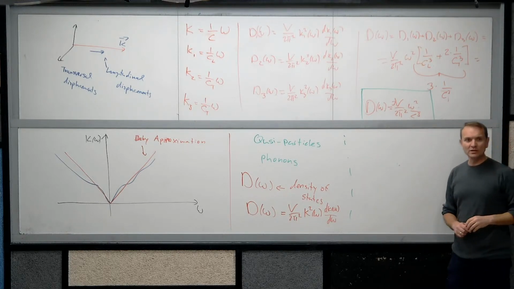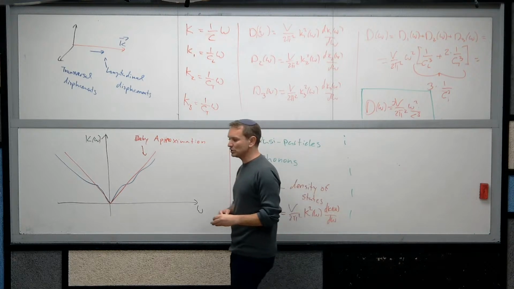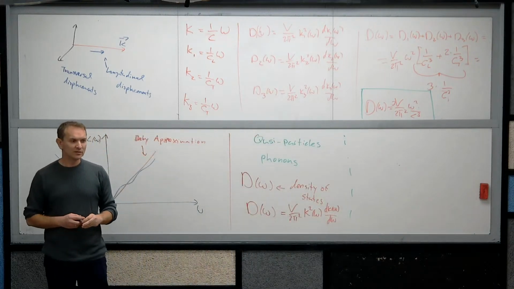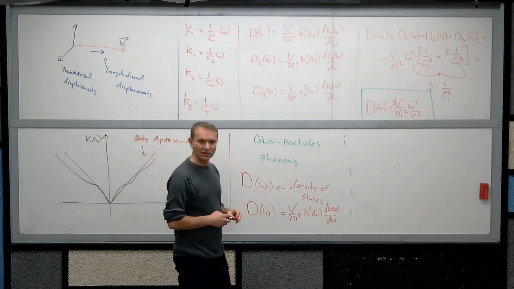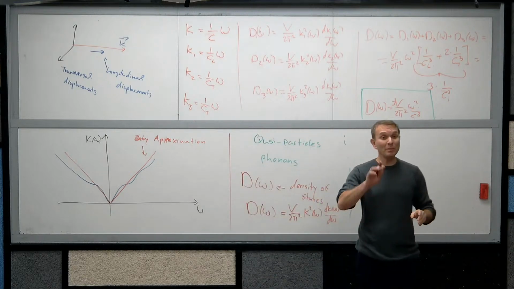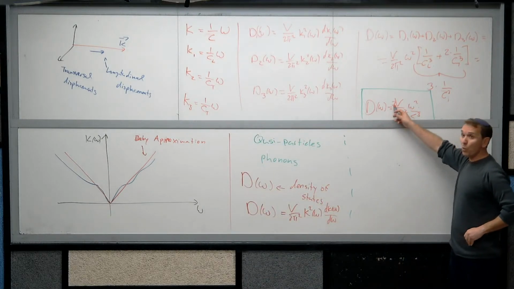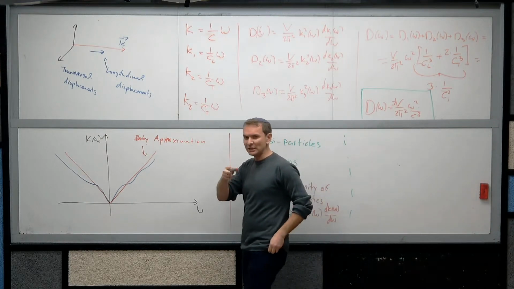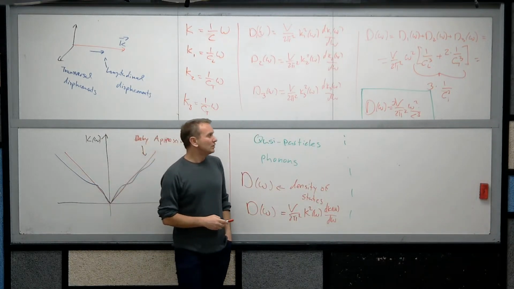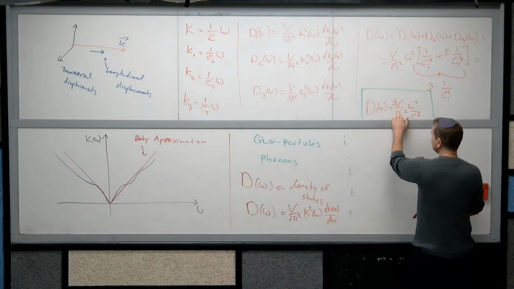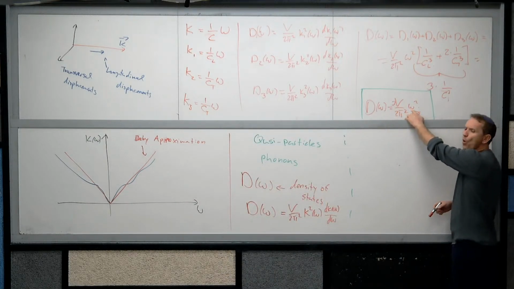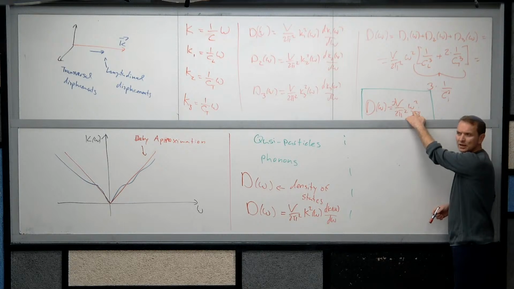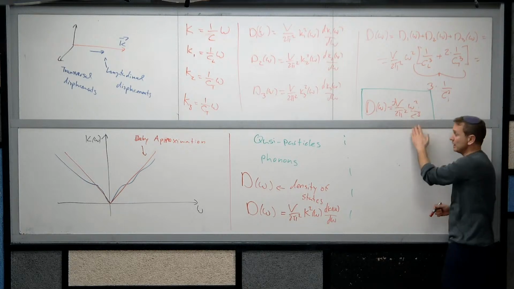So what condition does the density of states have to satisfy? They will integrate to 1. Yes, but not 1, that would be if it was a probability function. For a probability function, the integral has to go to 1. But the total number of states, if we integrate over all the possible omegas, has to give us 3N.